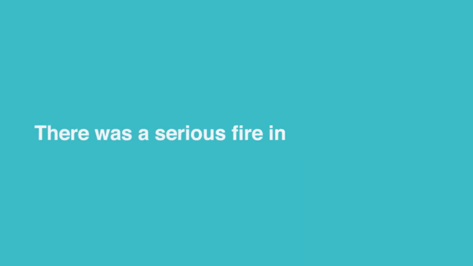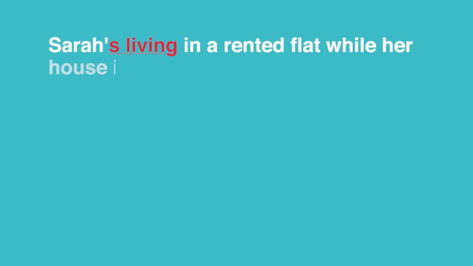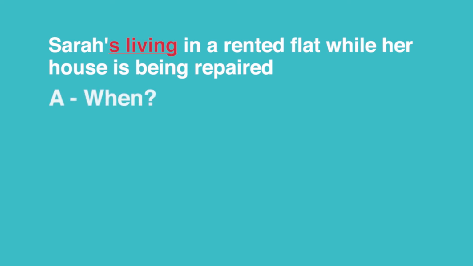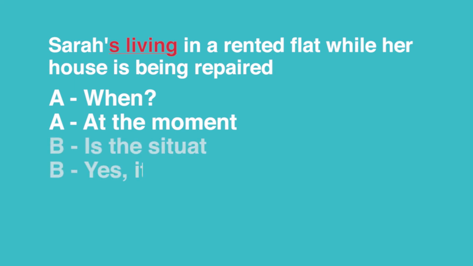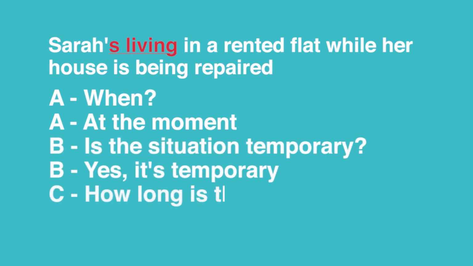Can a longer period be considered as temporary? There was a serious fire in Sarah's house. She's living in rented accommodation while her house is being repaired. When? At the moment. And it's temporary. How long for?